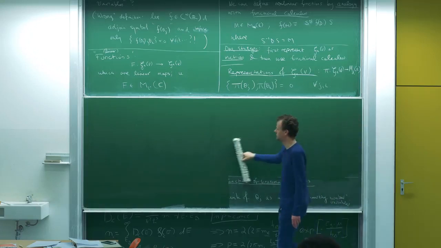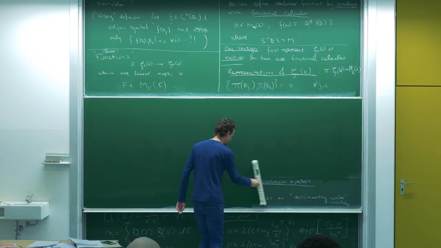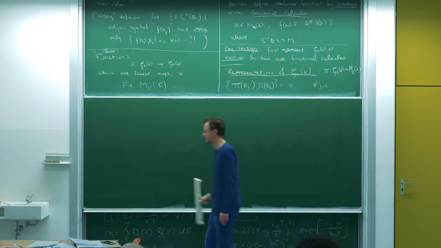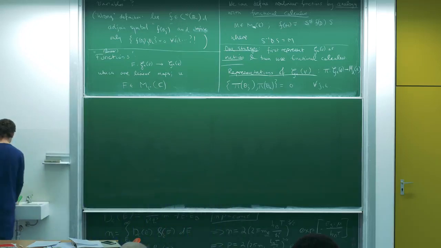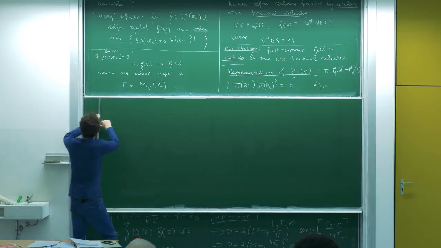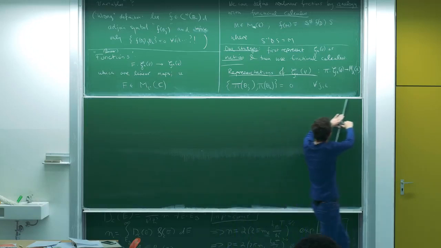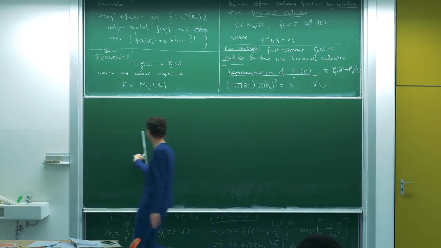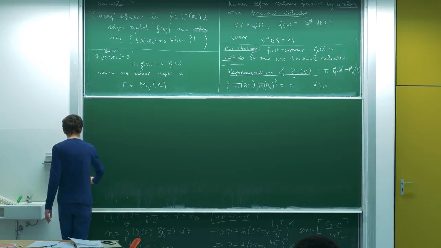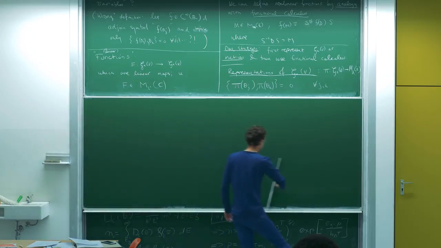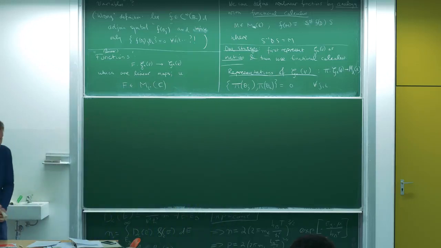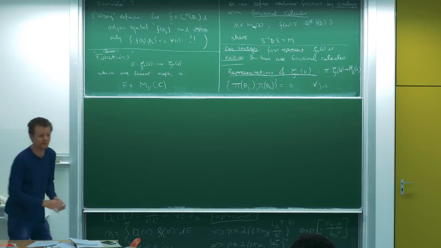I'll give you one example of a concrete representation of these Grassmann numbers that's faithful enough that we can define things in terms of the representation, or at least guess what the right definition is. Okay, you've already seen this representation before.